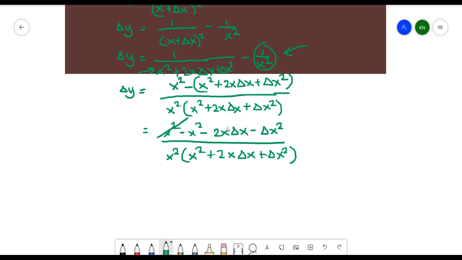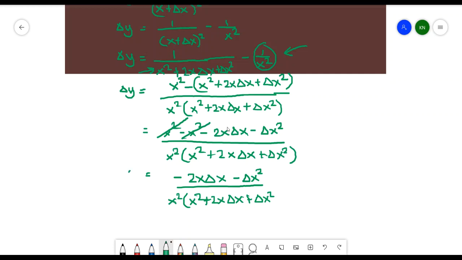So since we can cancel this one and cancel this one, what we have left is negative 2x delta x minus delta x squared all over x squared times x squared plus 2x delta x plus delta x squared. This is the denominator.